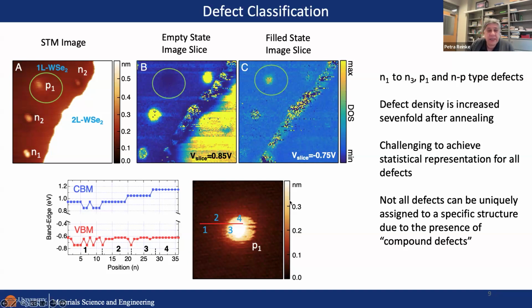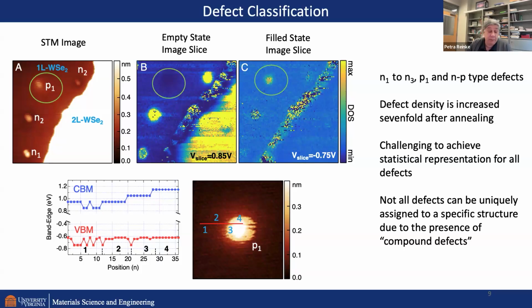So the reason for that is the following, and here's a large image of that defect. If you look at the position of your valence band maximum, it is pretty stable. And the valence band maximum is very close to these image slices, so you always have contributions to your image. If you look at the conduction band minimum, my apologies, you can see that as you move closer and closer to the defect, that conduction band minimum moves to a larger and larger energy value.